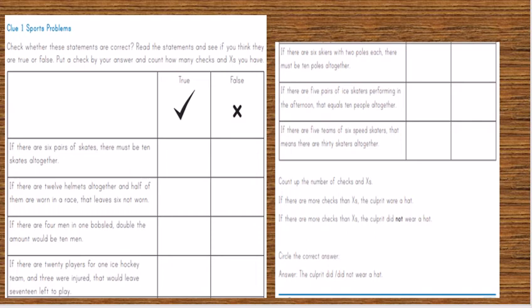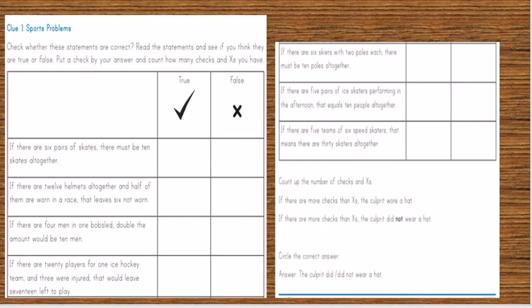Number 4, if there are 20 players for one ice hockey team and 3 were injured, that would leave 17 left to play. Pause your video, solve, and decide true or false. Number 5, if there are 6 skaters with 2 poles each, there must be 10 poles altogether.